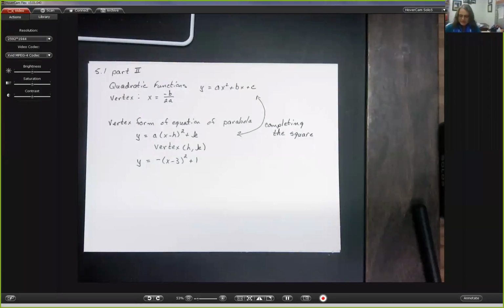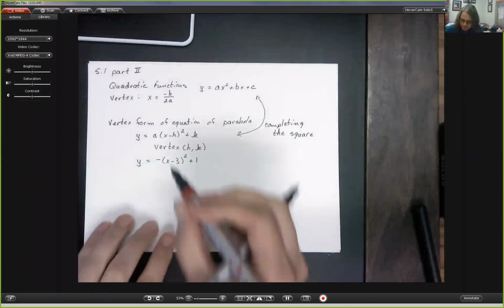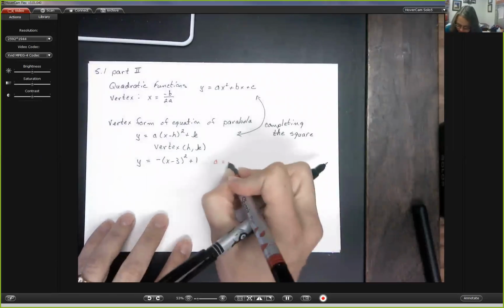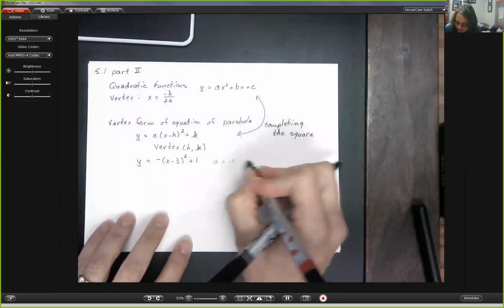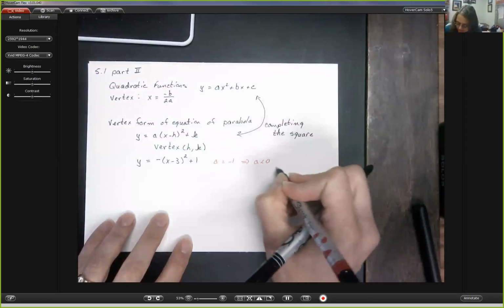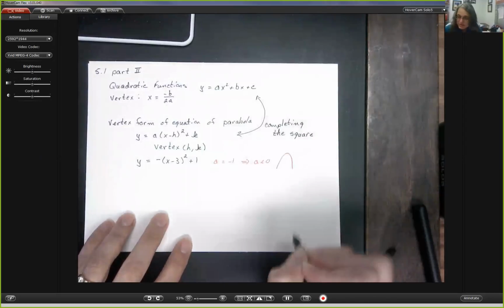The a is still what tells us which direction it opens. So what we know here is that a is negative 1. That means that since that is less than 0, we've got a parabola that opens downward.